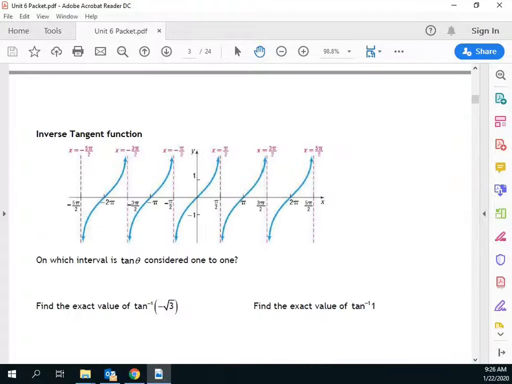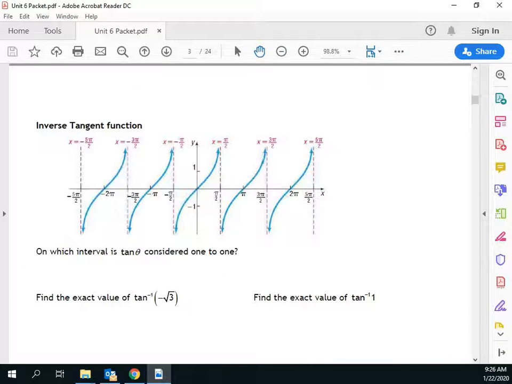All right. So let's talk about inverse tangent real quick. And we say, okay, what do we consider an inverse tangent interval? Well, we'll do the same thing. This will be a little bit easier to see. However, if you notice, if we go in between asymptotes, include them, so we're going from, again, negative pi over 2 to positive pi over 2.